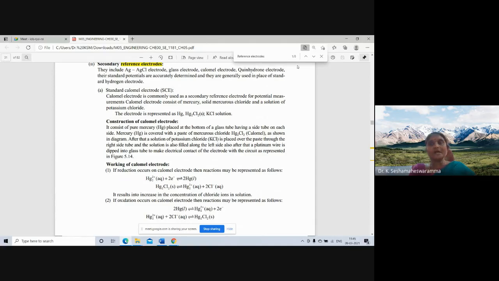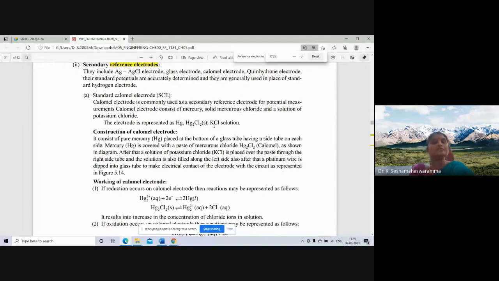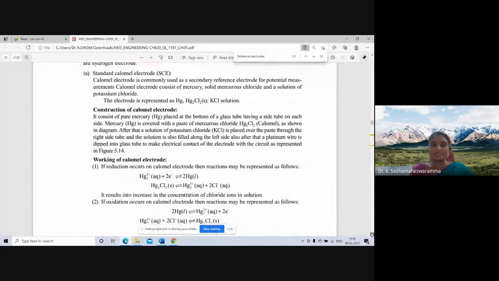So here what is happening? If reduction occurs on calomel electrode, then reactions may be represented as follows.